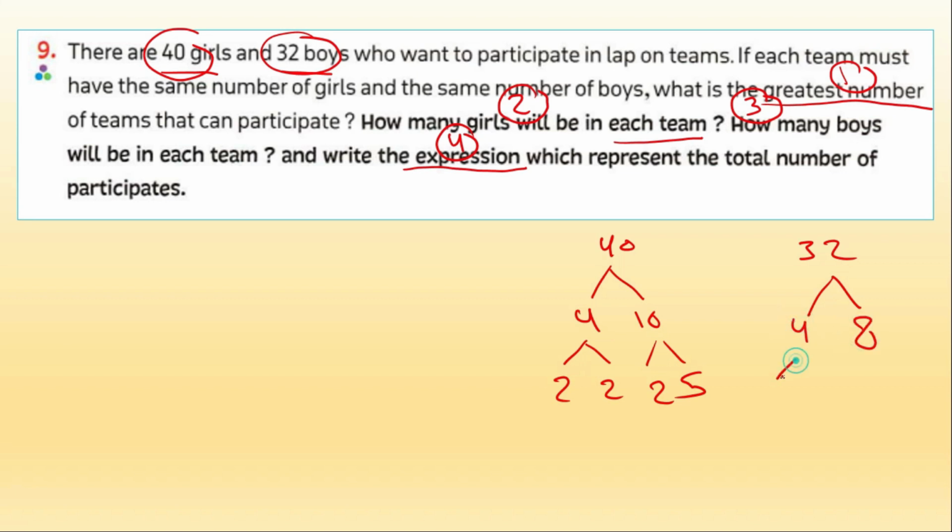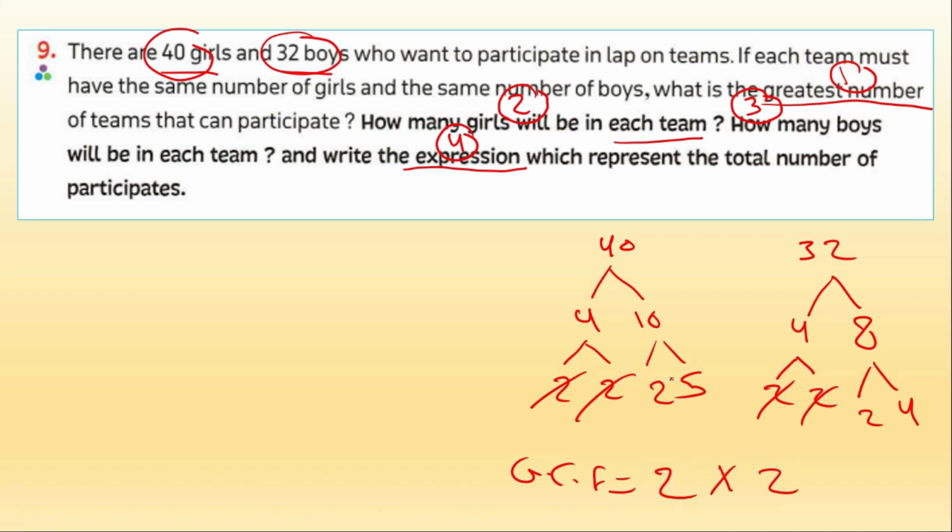The two numbers are composite, so 2 times 2, and the 8 is 2 times 4. Okay, so the greatest common factor equals: take the common number or common factor, 2 and 2, then another 2, times 2, 2 times 2 is 4, 4 times 2 is 8.